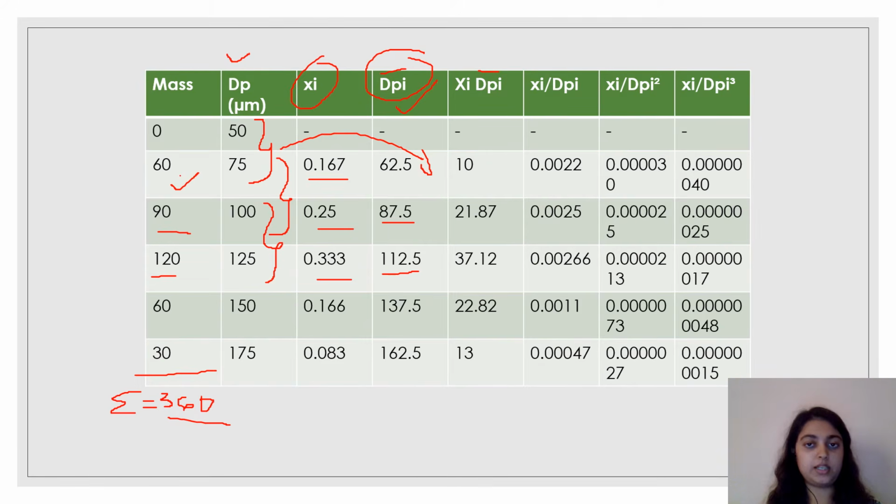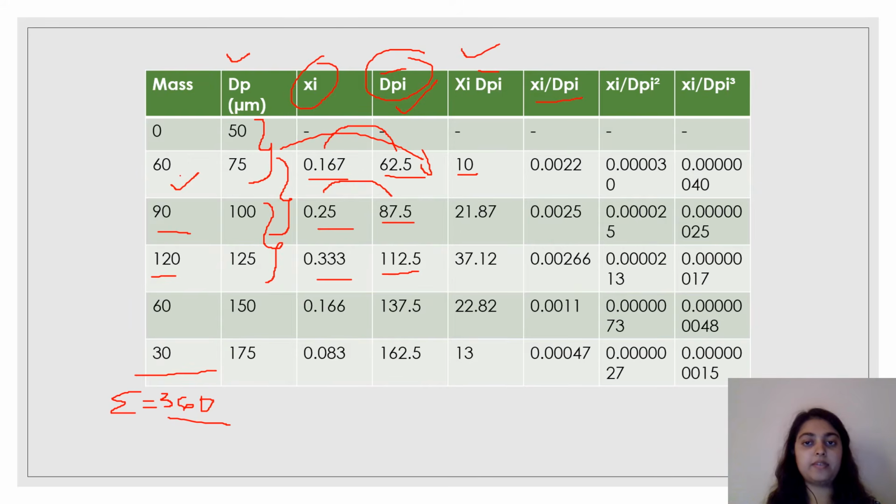I hope this is clear. Now the next column is xi dpi bar. You just have to multiply xi and dpi bar. So 0.167 into 62.5 will be 10, and so on, 0.25 into 87.5.